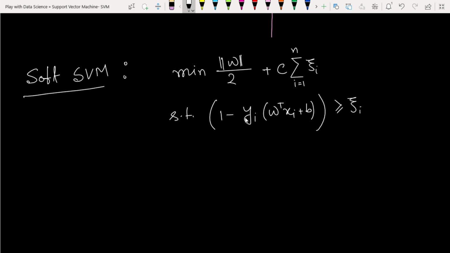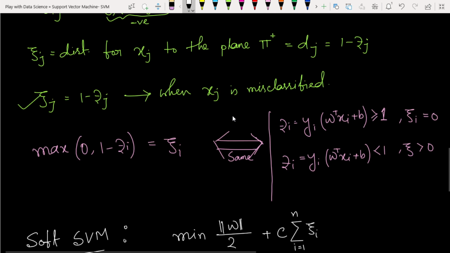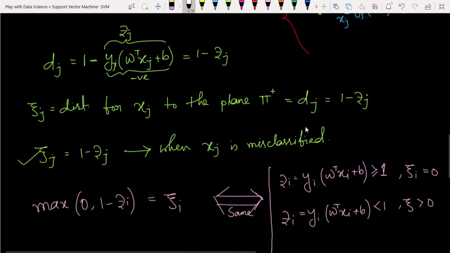I am simply modifying it: moving the 1 from the right side to the left, so it is greater than or equal to 1 minus zeta, and as well zeta is greater than or equal to 0. These equations we have seen in soft margin SVM, so just remember them. If you forget, just revisit this chapter and you can easily find it.